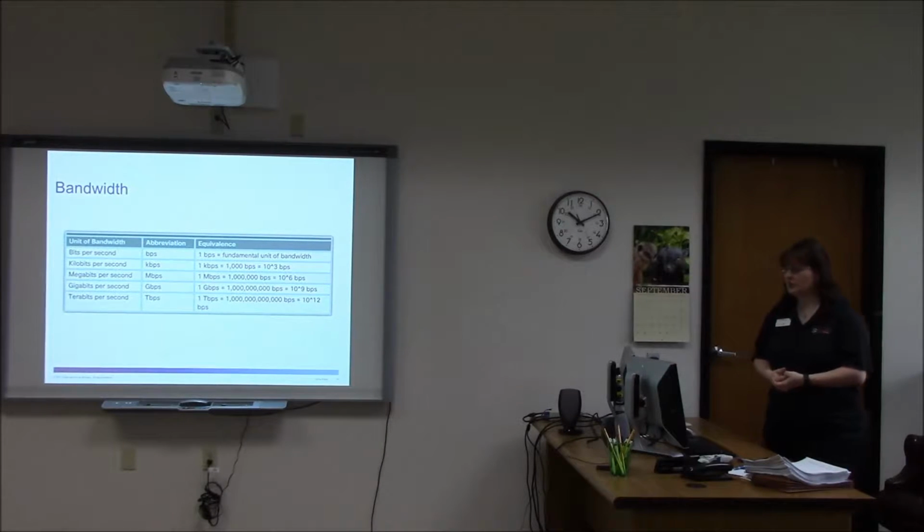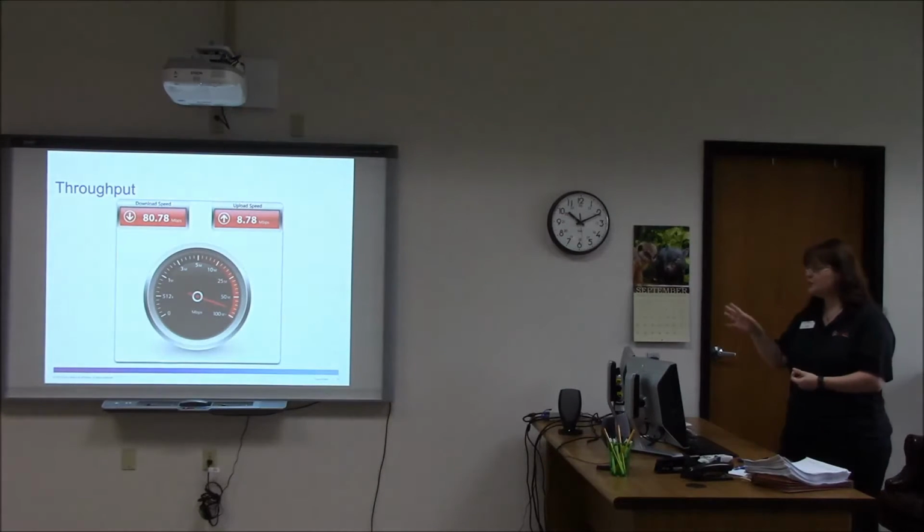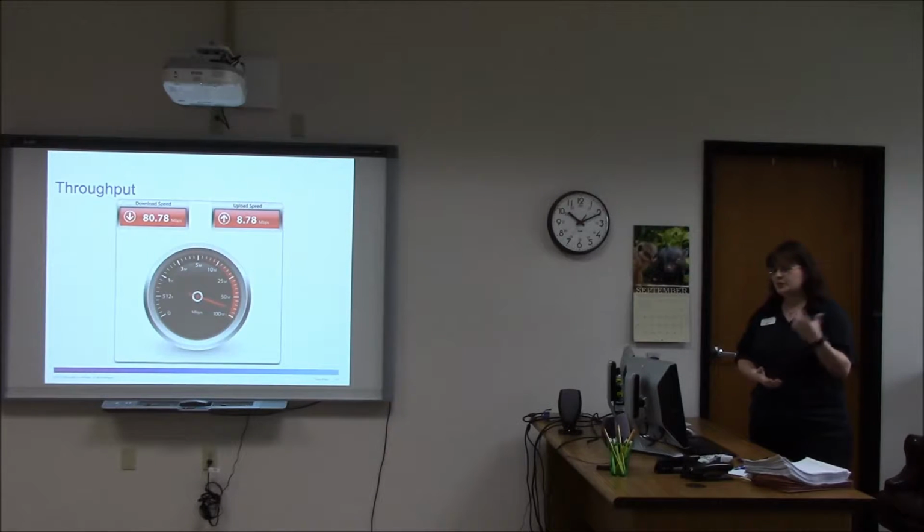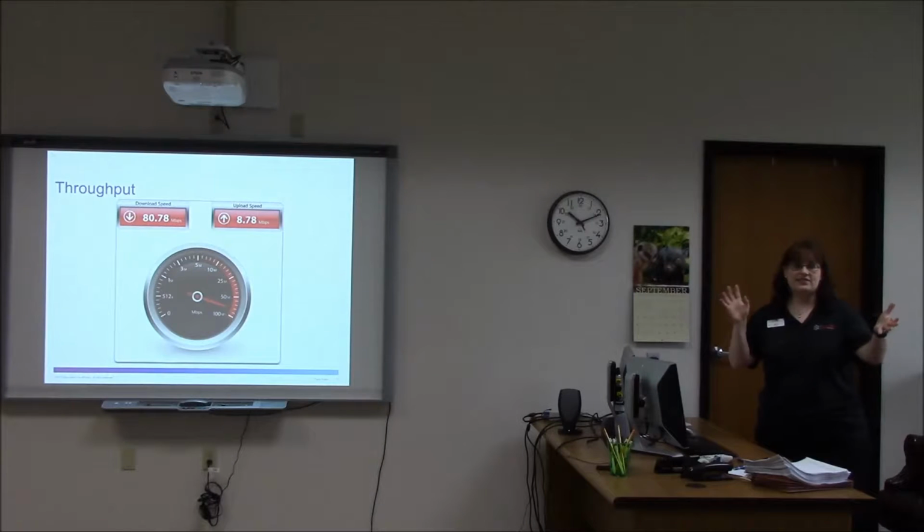Bandwidth is largely determined by what type of media we use. Throughput, however, is the measure of the transfer of bits across a medium over a given amount of time. So throughput and bandwidth are not necessarily equal. You may have quite a bit of bandwidth, but because lots of other people are using the line, your throughput decreases because everybody else is sharing the same wires, essentially. When you get home at night, everybody gets on Netflix or Hulu, they start streaming things.